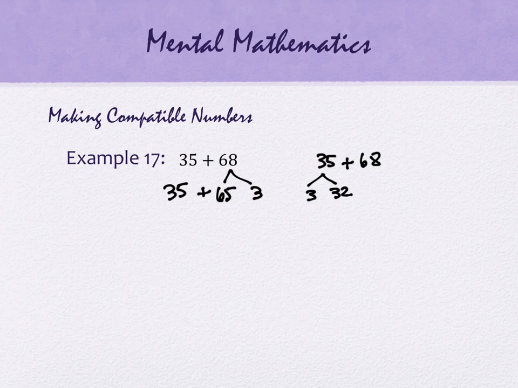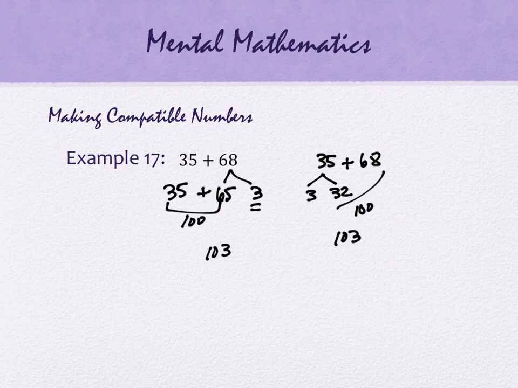So 32 and 68 add to 100. So you're trying to find something that adds to 100. Some of them are a little bit more obvious on which one's convenient to do it with, and some of them either way is fine. Either way, these two then make 100, and you get 3 more, so you have 103. Or these two would add to 100, and then you'd get 103. Yeah? Okay.